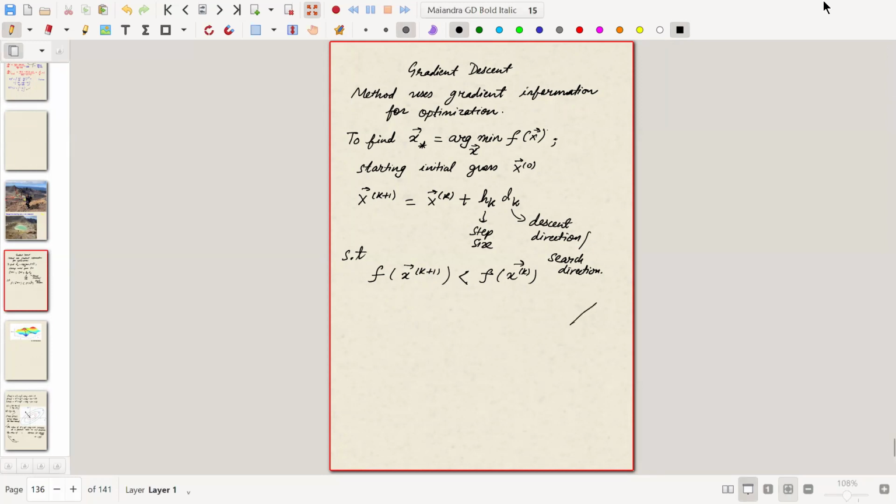So when I am saying this is a vector v, what does it mean? In your class 12th, you know, a vector has a magnitude and a direction. That is what a vector is. So therefore, dk is a vector.